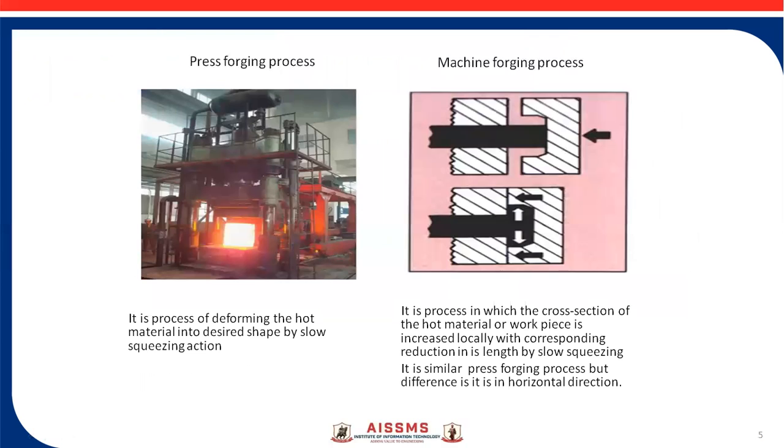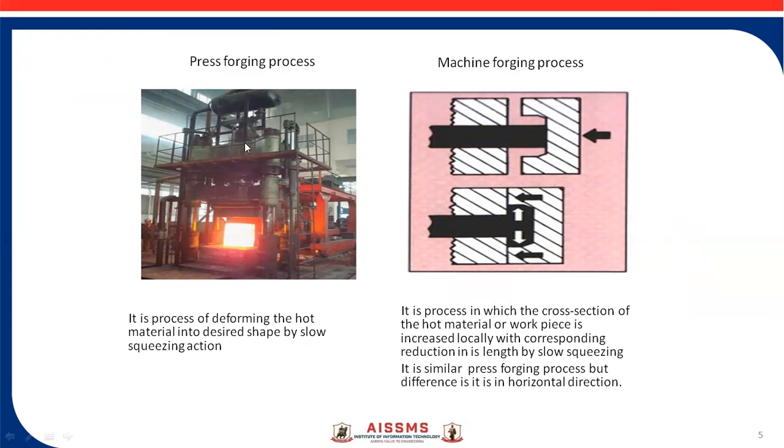Then press forging and machine forging processes. In the press forging process, hot material is deformed into the desired shape by a slow squeezing process. Generally, this type of forging uses different arrangements, such as a cam arrangement and a crankshaft arrangement, by which we convert rotary motion into reciprocating motion.